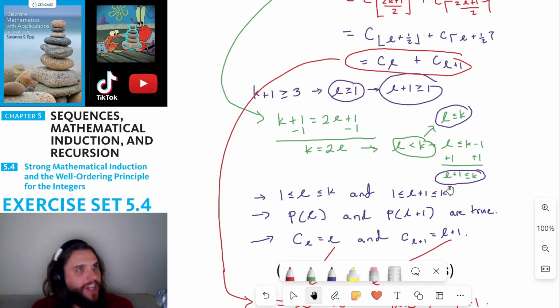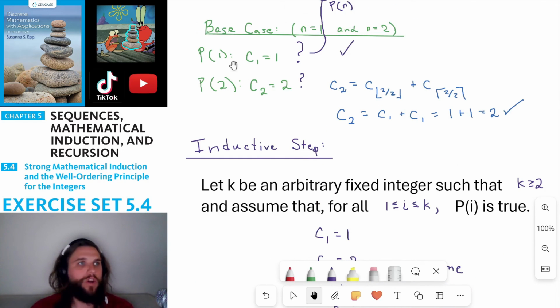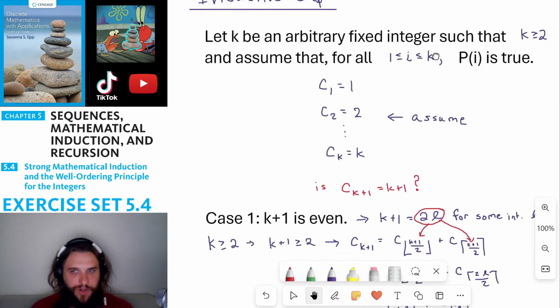But we don't get two free P of i's unless K is greater than or equal to 2. And so if i starts at 1 and goes up to K, then that means we're assuming at least two P of i's, P of 1 and P of 2. We are assuming at least those are both true, which requires us to justify P of 1 and P of 2.